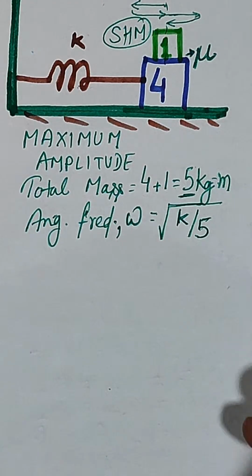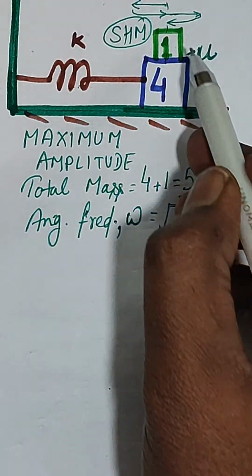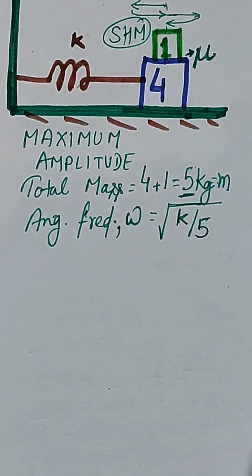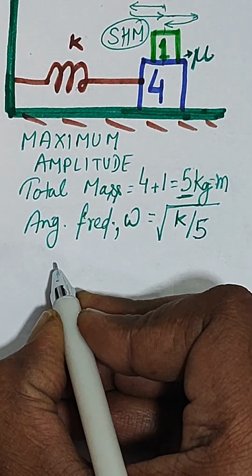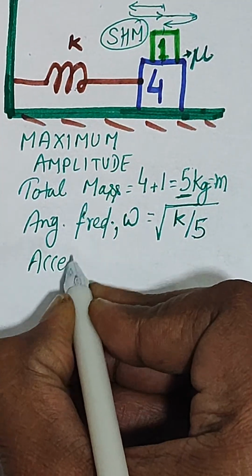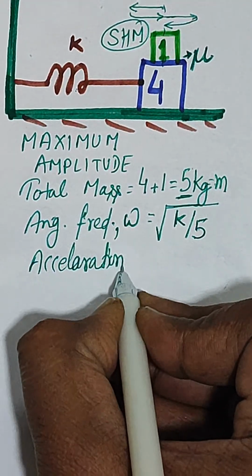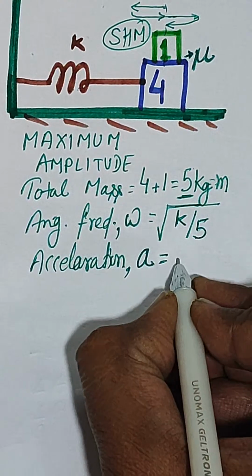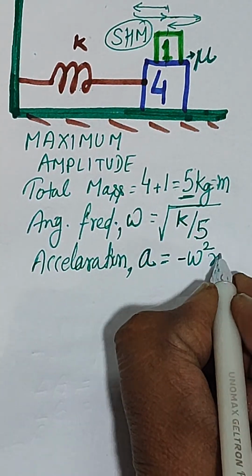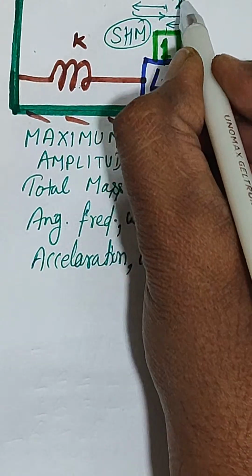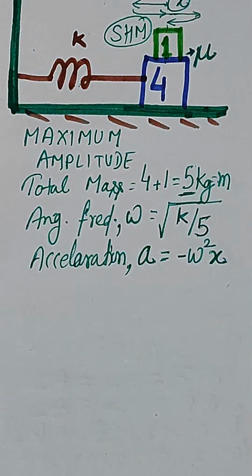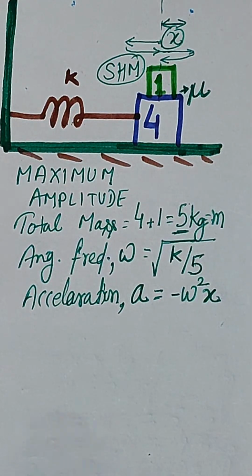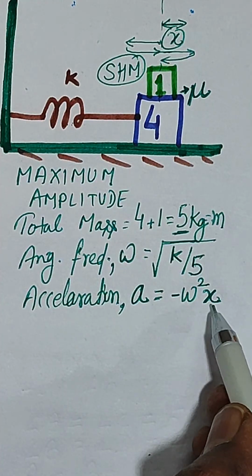Now the acceleration of the entire blocks at a displacement x from mean position, using the formula, is A equal to minus omega square into x, where x is the displacement.